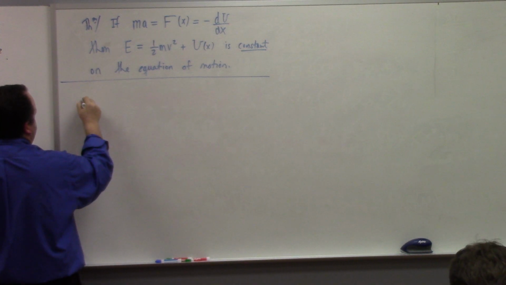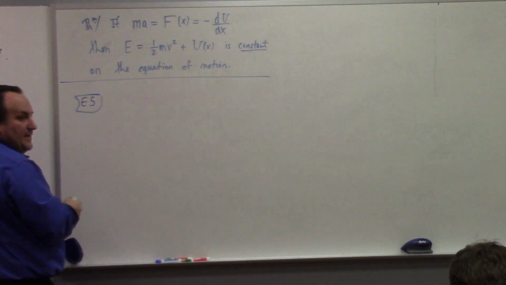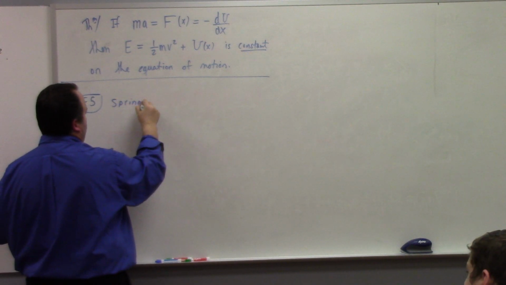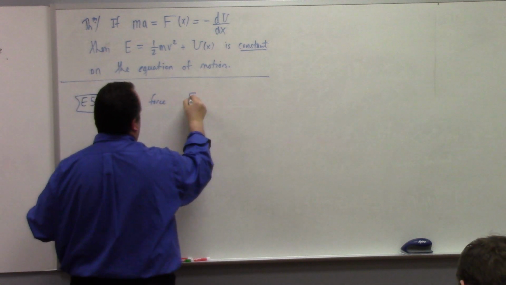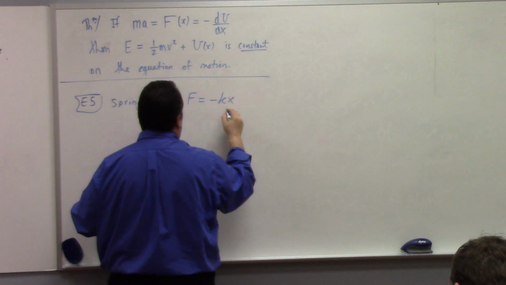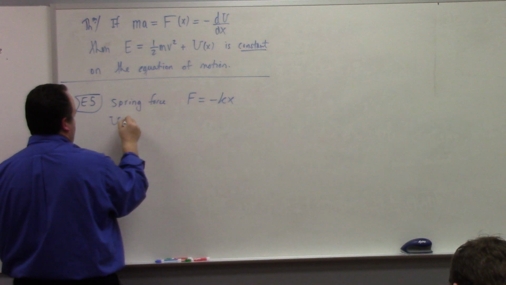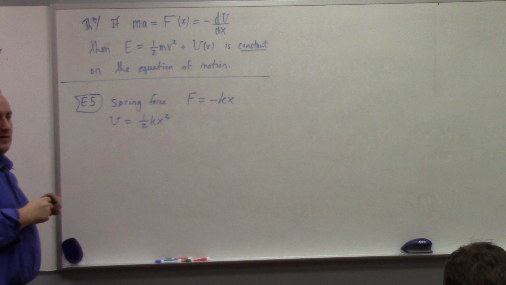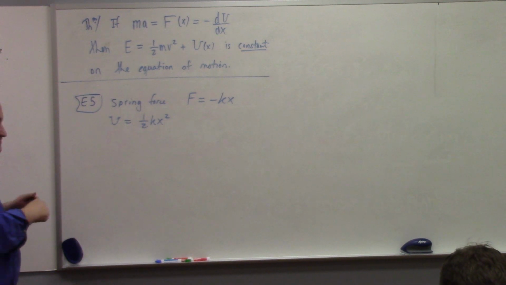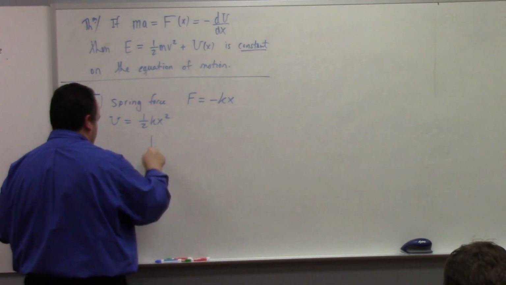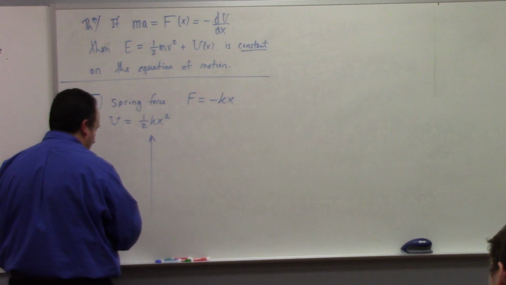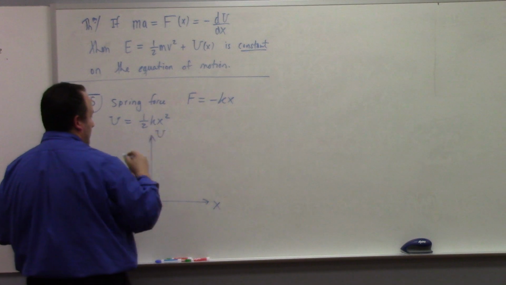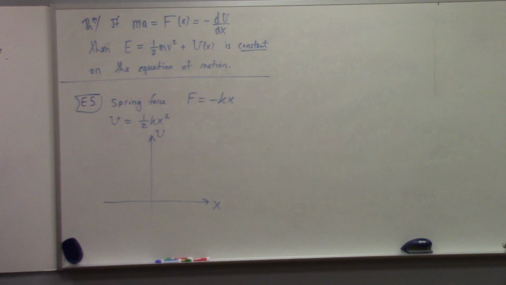So example 5, let's talk about the spring. Spring force, F equals minus kx, right? So what's the potential energy? Like we said, 1/2 kx squared. So if we plot an energy diagram, here's x, and here's U. We're going to plot the potential energy.